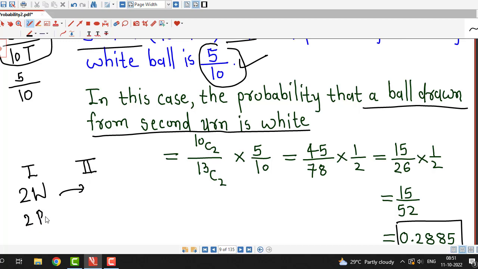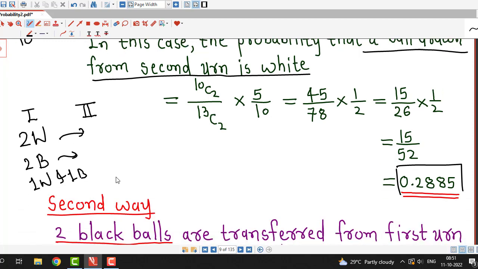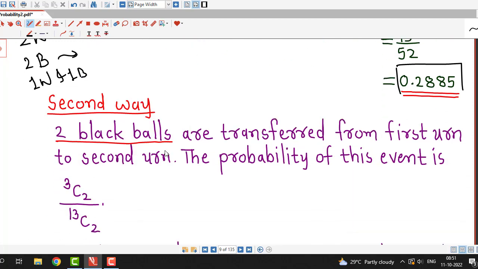Now the remaining two possibilities are two black balls transferred, and one white and one black ball transferred into the second urn. In the same way, the second case is that two black balls are transferred from the first urn to the second urn. The probability of selecting two black balls is 3C2 divided by 13C2.